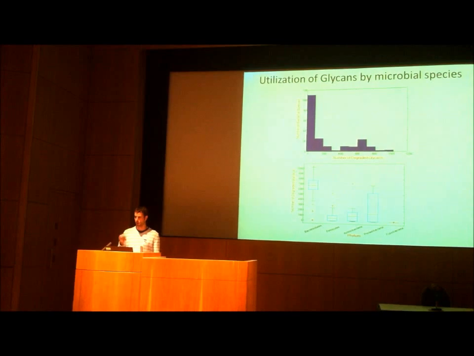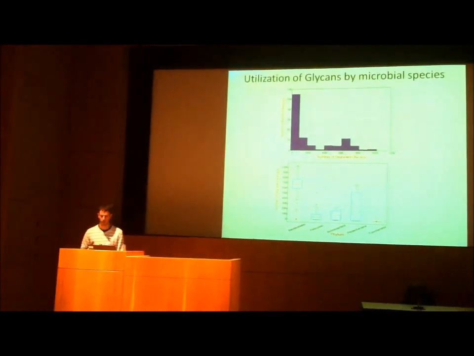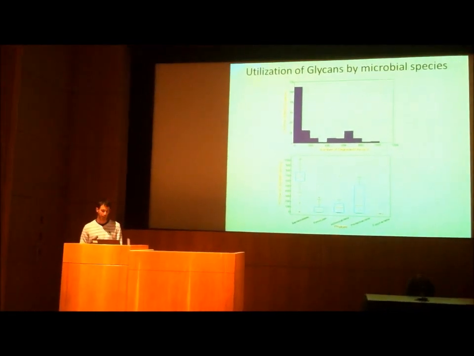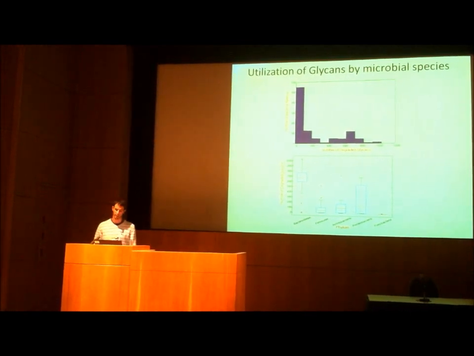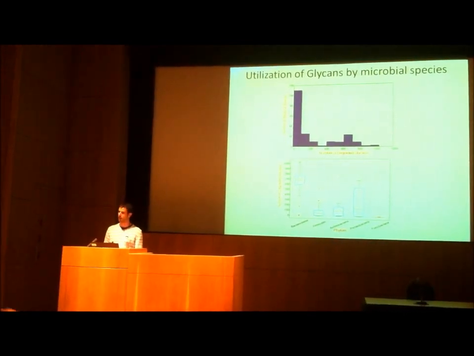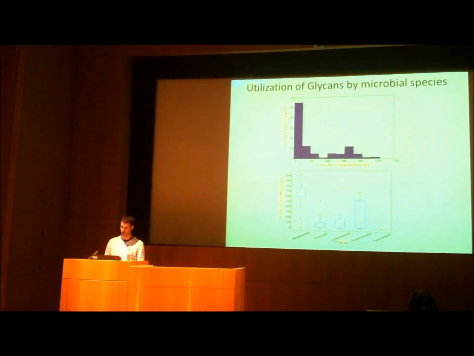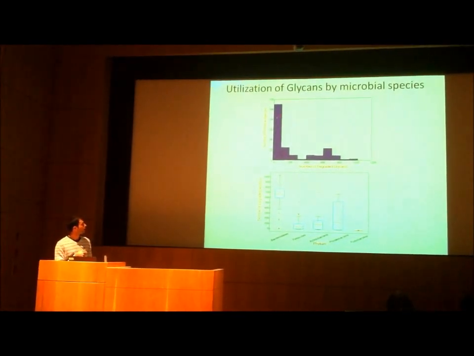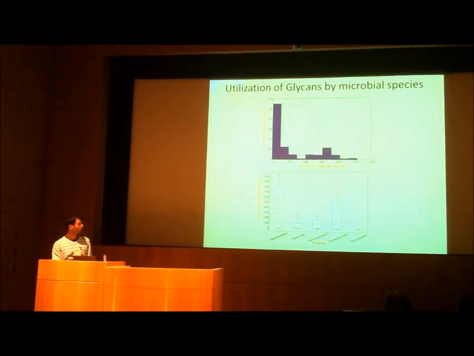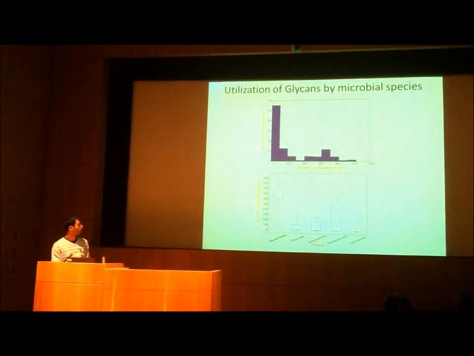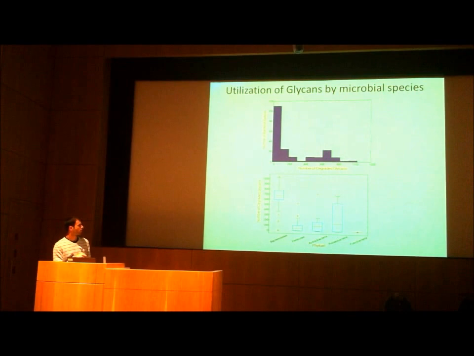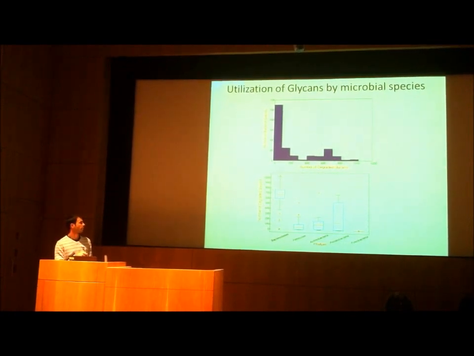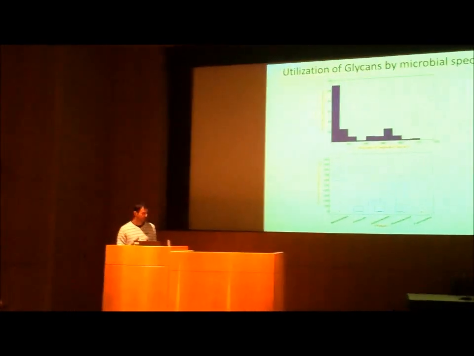Taking a more global view of glycan utilization of the gut bacteria, we wanted to look at the total number of glycans utilized by different species of the gut microbiota. Here you can see that while the majority of the species can only hydrolyze and utilize a limited amount of glycans, there are some species that are capable of degrading a couple of hundreds and even thousands of glycans.